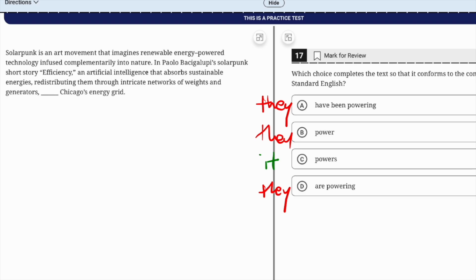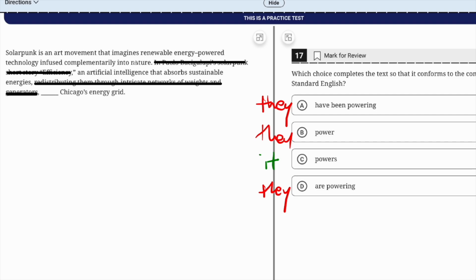So, in this short story Efficiency, an artificial intelligence powers Chicago's energy grid. And so how could we just verify that that is the correct subject? This portion here can be ignored because that is an appositive or interruption. So we can also ignore that part because that's just an introductory phrase.